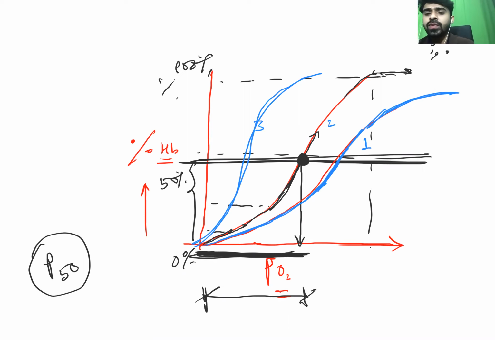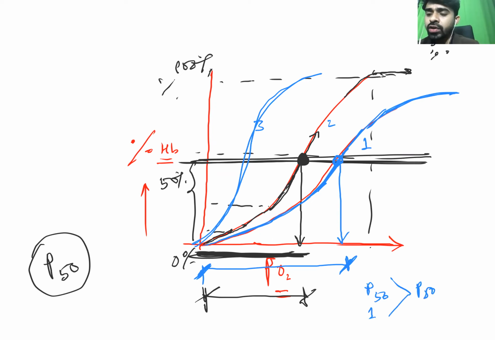For the first curve, to get 50% saturation, you again drop the legs on the x-axis so that you can calculate the amount of oxygen required. For the 50% saturation, for graph number 1, how much oxygen are you requiring, more or less? More. Absolutely more. So the P50 value for 1 is more than the P50 value for 2. Do you agree?